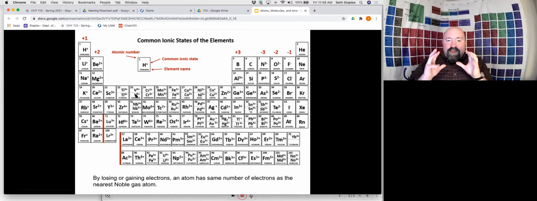Things get very unpredictable here in the transition metals. But for everything else, +1, +2, +3, -3, -2, -1. And so you are going to have to know how to use the periodic table in order to predict the charge on ions, because that's going to become very important for us.